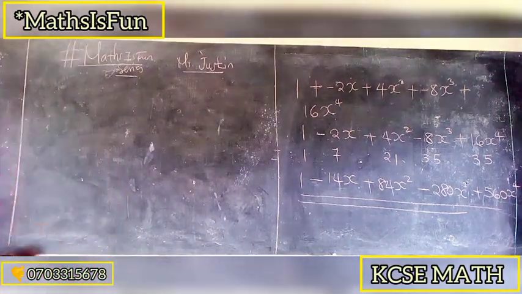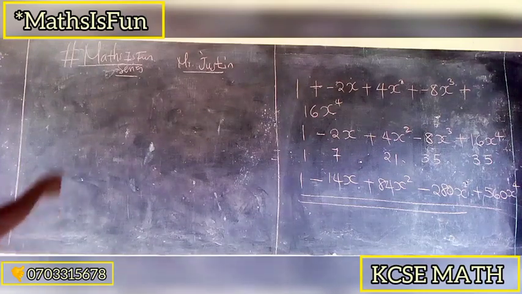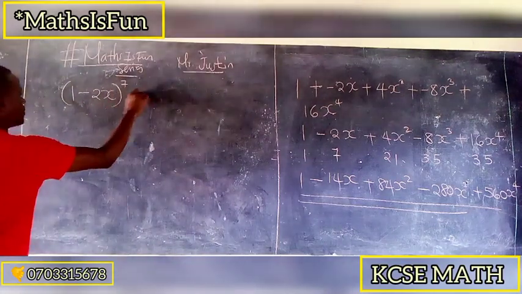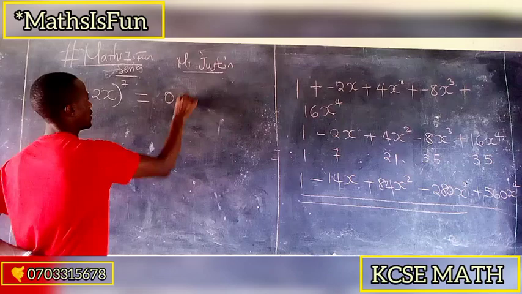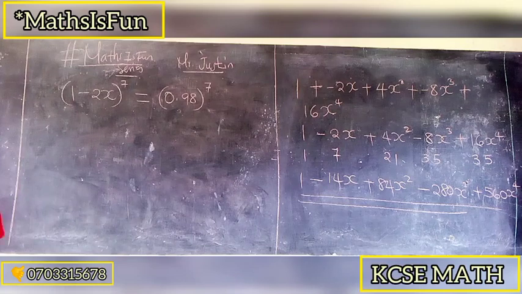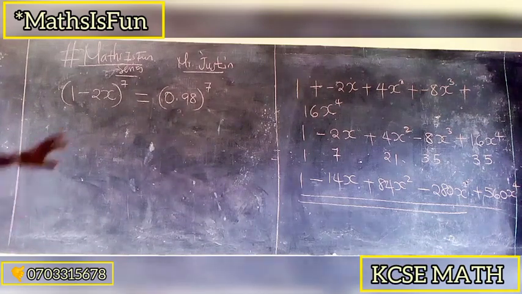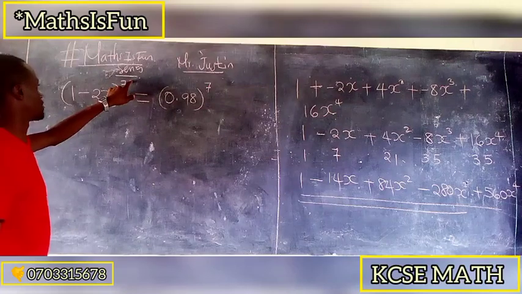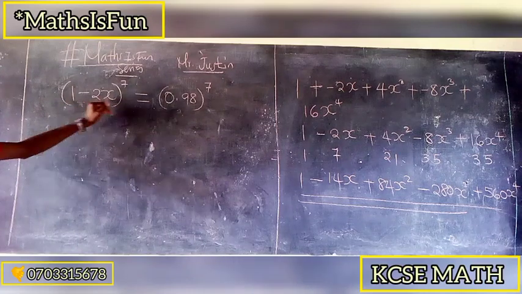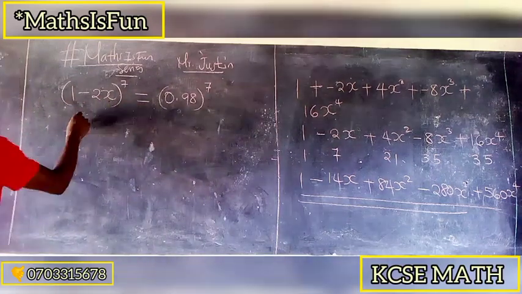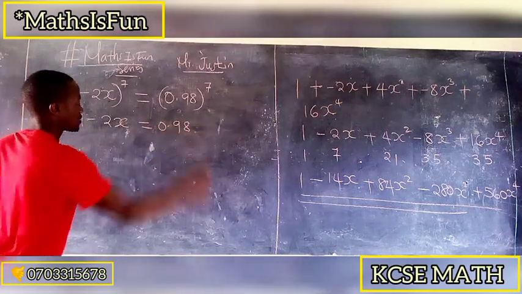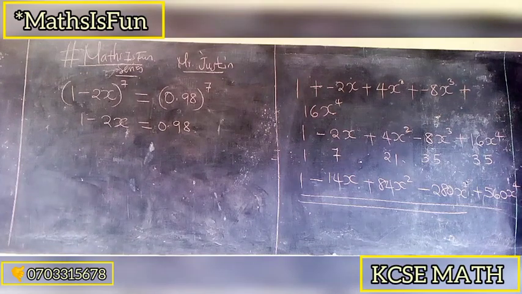You equate (1 minus 2x) raised to power 7 with 0.98 raised to power 7. Since both are raised to power 7, the numbers in between the brackets are equal. So 1 minus 2x is the same as 0.98.